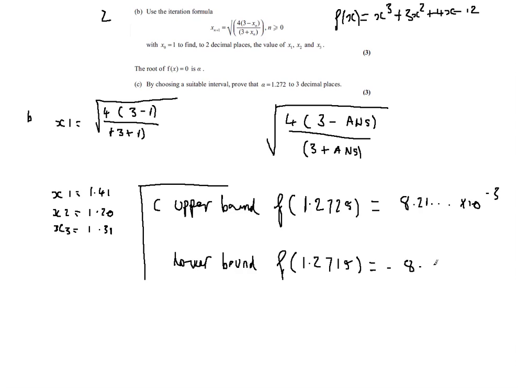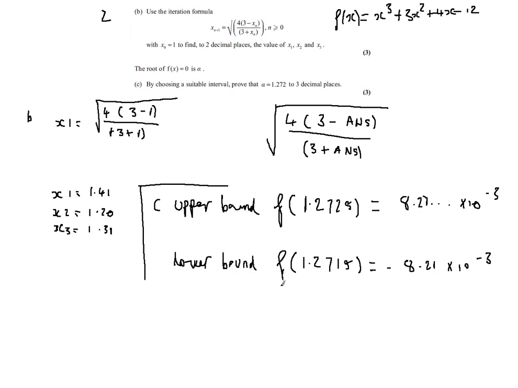And what that has proved is that alpha will equal 1.272 to 3 decimal places, and that is because between the upper bound and the lower bound there is a change of sign.